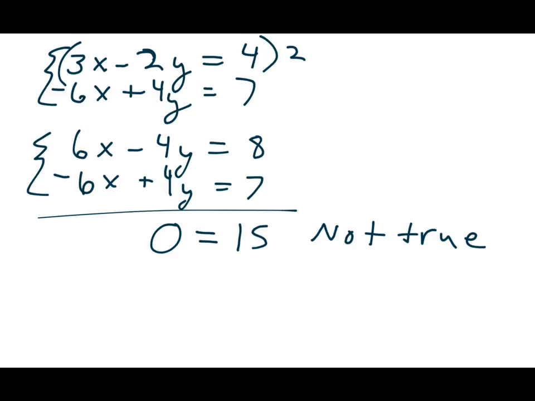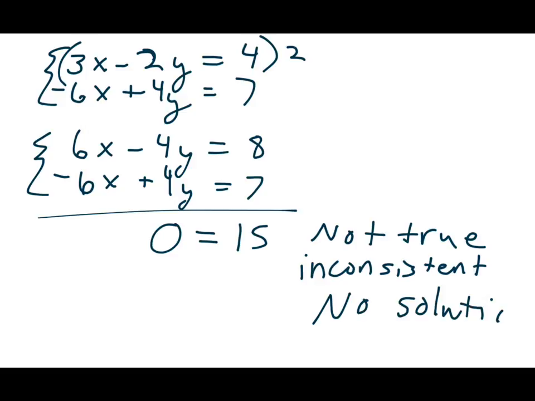So all we say with this is that they are inconsistent. And what they actually are, because these are linear lines, they're parallel lines. So they never cross, so there's no solution. We'll call this an inconsistent system.